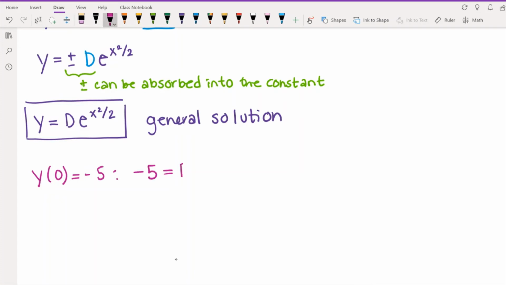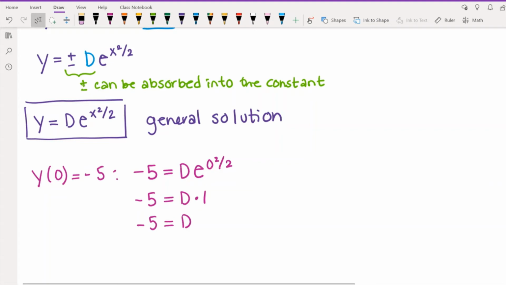So we have d times e to the 0 squared over 2. So what is 0 squared over 2? That's just 0, and e to the 0 is 1. So we have -5 is equal to d times 1, or just -5 is equal to d. And so therefore we can find our particular solution by just saying -5 times e to the x squared over 2.